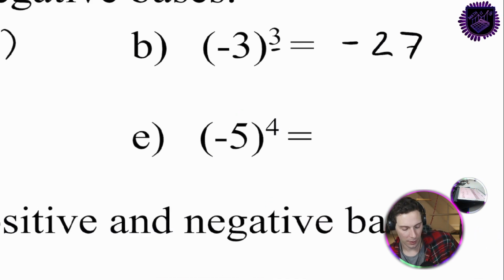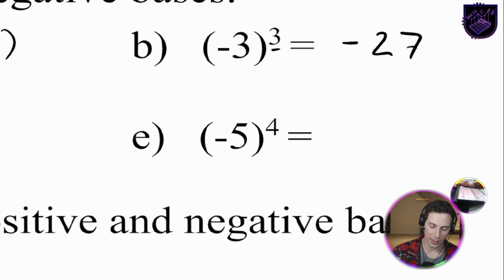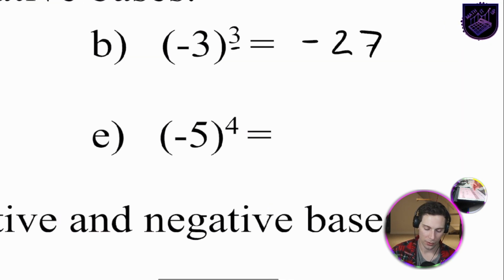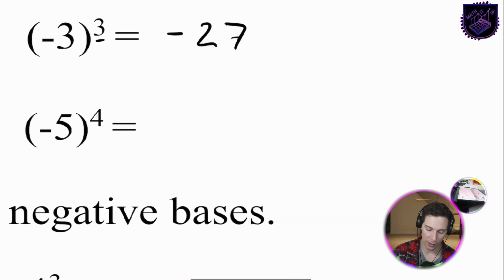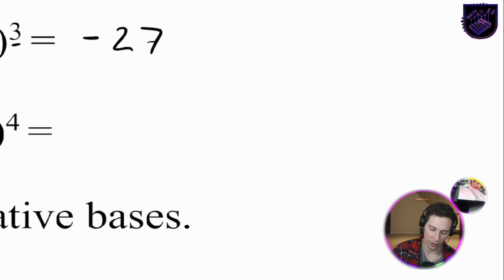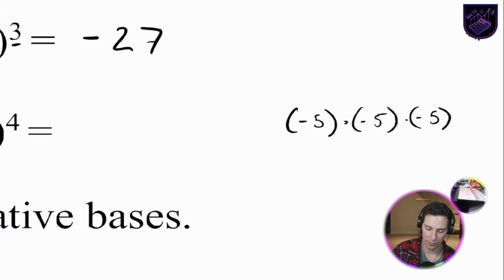Let's do 2e, negative 5 to the power of 4. So we could show our work here, just so we keep track. Negative 5 times negative 5 times negative 5 times negative 5.